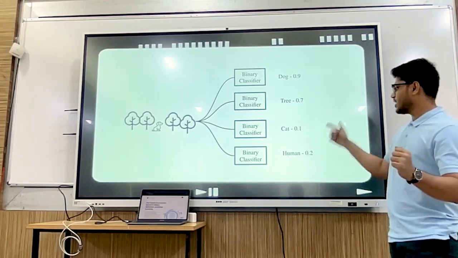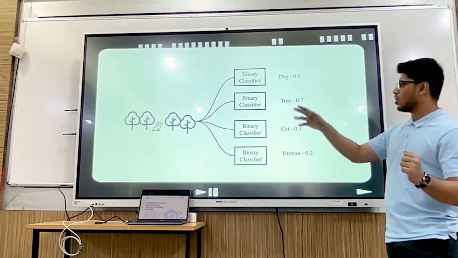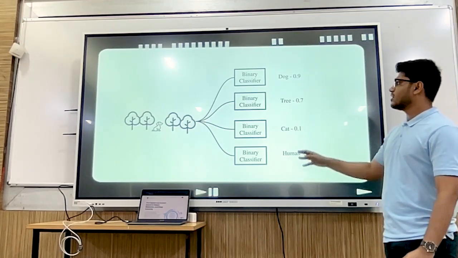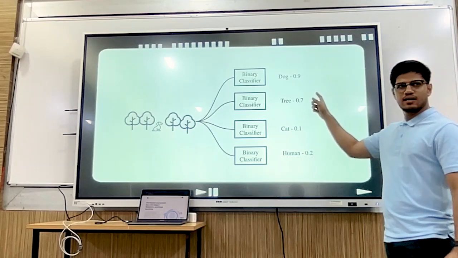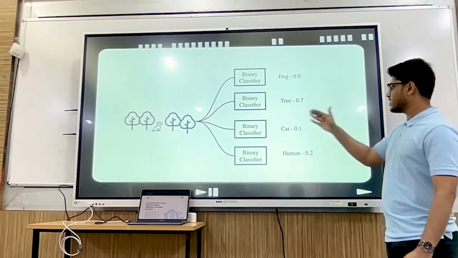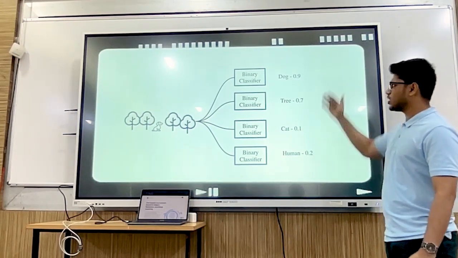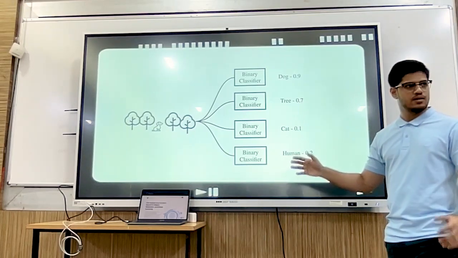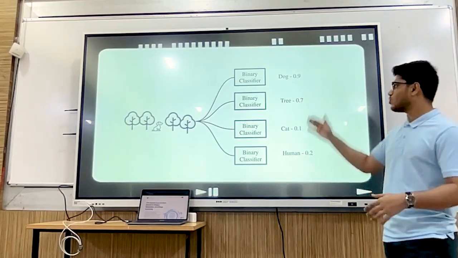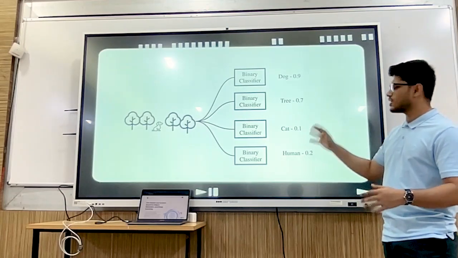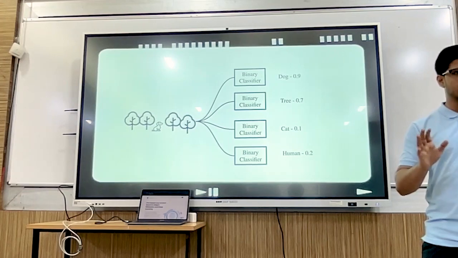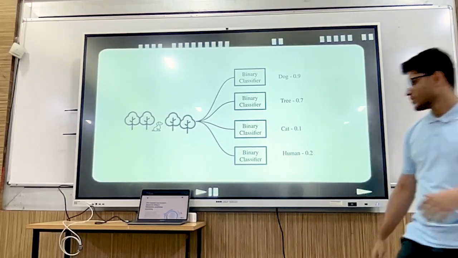There's dog, tree, cat, human, and the image is going through binary classifiers, and it is saying, okay, dog is 0.9, but tree is 0.7, cat is 0.1, human is 0.2. So it is one versus the rest of the labels. This is the concept that one versus the rest of the labels is treated. Whichever one is maximum is put out. This is for multi-class. Okay, good.